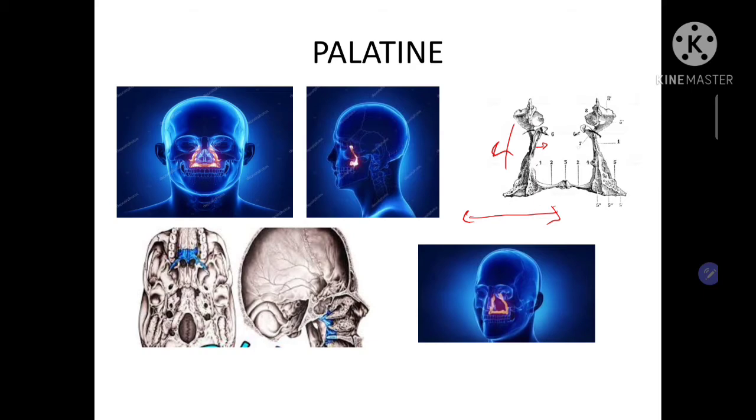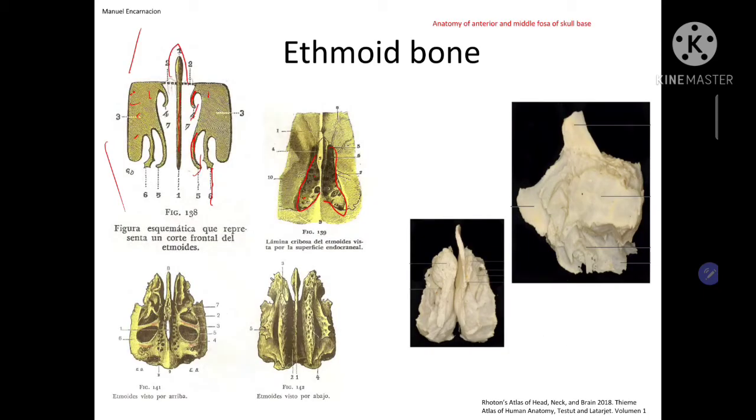In the horizontal plate, the superior surface is called nasal surface because it's looking to the nasal cavity, and the inferior surface is called palatine surface because it's in relationship with the hard palate. So now we have all the elements of the lateral wall, and we finish with the lateral wall.